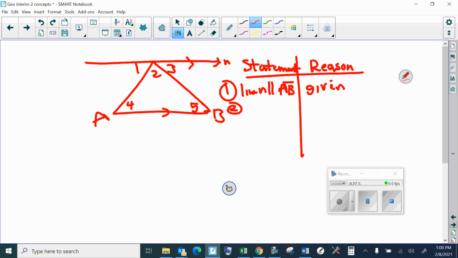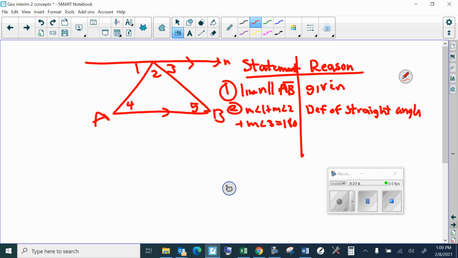Statement 2: the measure of angle 1 plus the measure of angle 2 plus the measure of angle 3 equals 180. Definition of straight angle. Remember, anytime the angles create a line, as angles 1, 2, and 3 create, and they're adjacent to one another, that is 180 degrees.